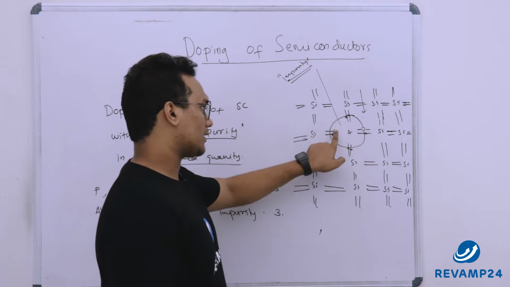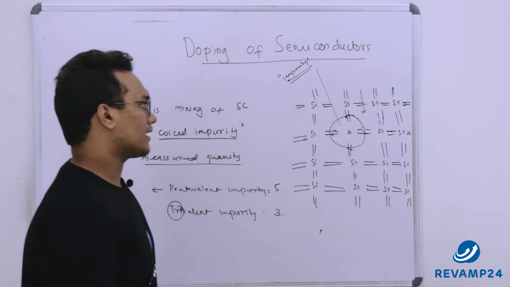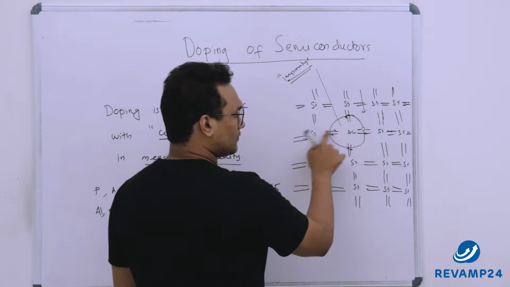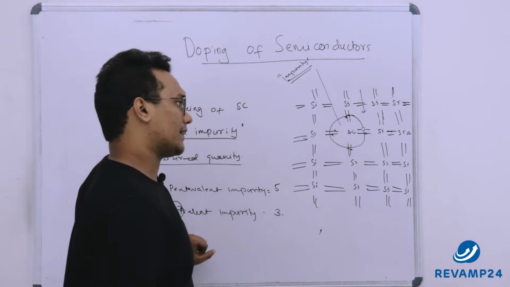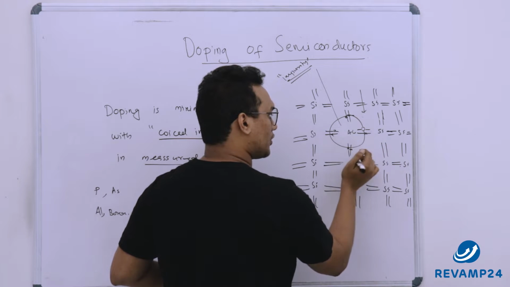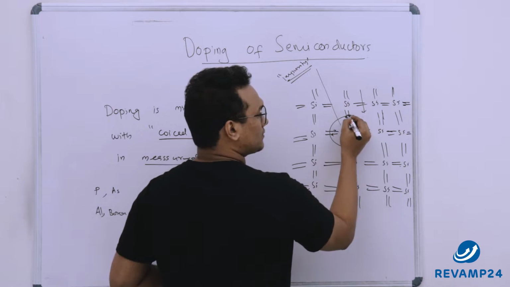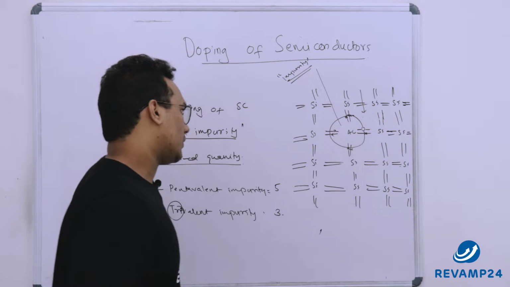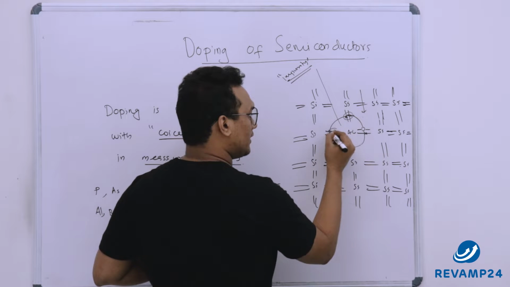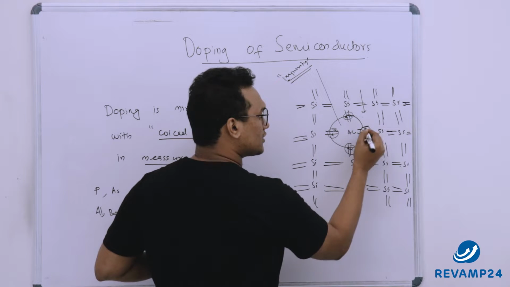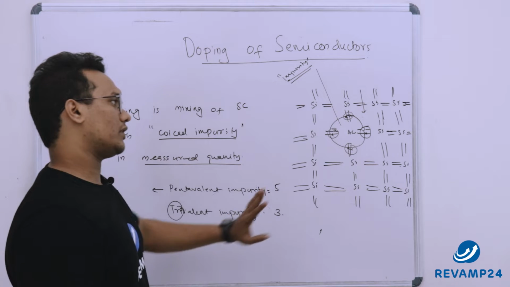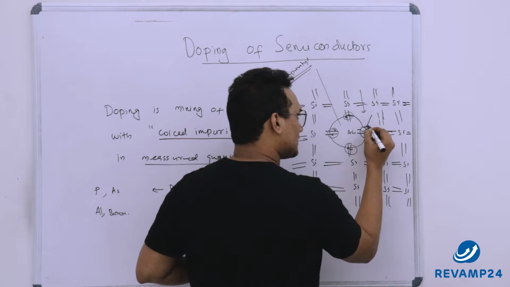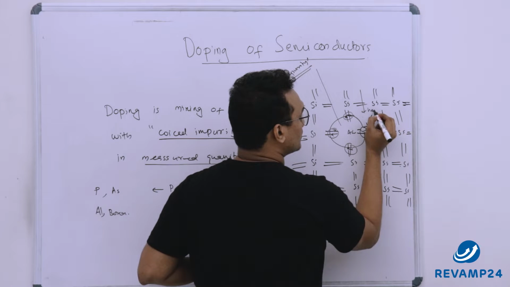See, 3 dotted points represent the electrons that aluminum owns, and it shares them with nearby silicon atoms, and these silicon atoms also contribute one of their valence electrons to make a covalent bond. But see, a covalent bond is made here, here, here, here, but aluminum is not able to contribute anything. So here there is a vacancy, and these vacancies are called holes.